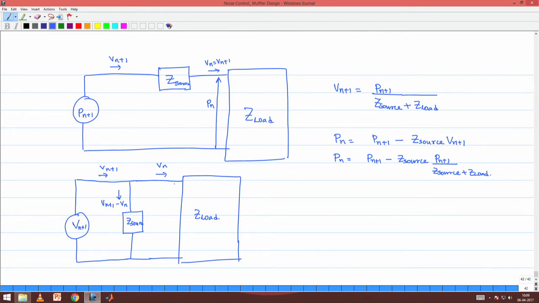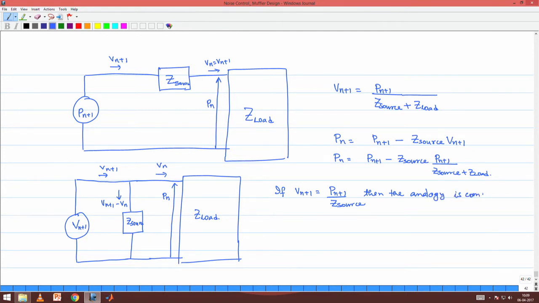So, if this is again P n, because we want this P n to be the same, we want to have an analogy between these two circuits, and what we will show is that if V n plus 1 is chosen as P n plus 1 divided by Z source, then the analogy is complete.